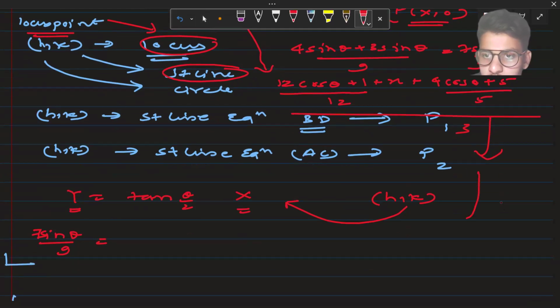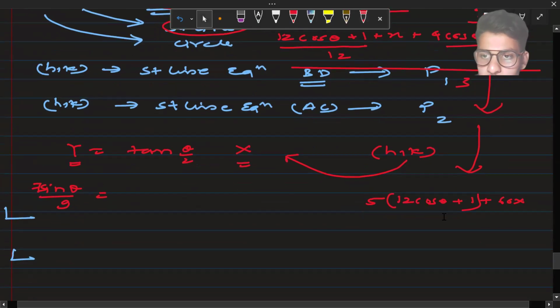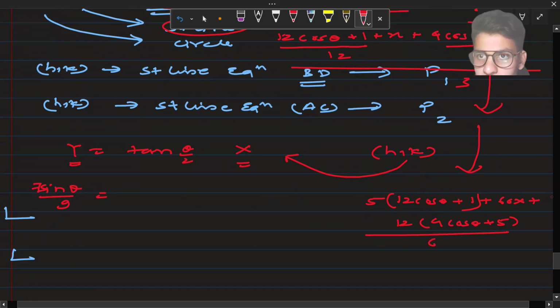Taking the LCM, 12 cos theta plus 1 plus 60x, and here 5 will get multiplied, and there 12 will get multiplied, plus 12 into 4 cos theta plus 5 divided by 60 into 3.